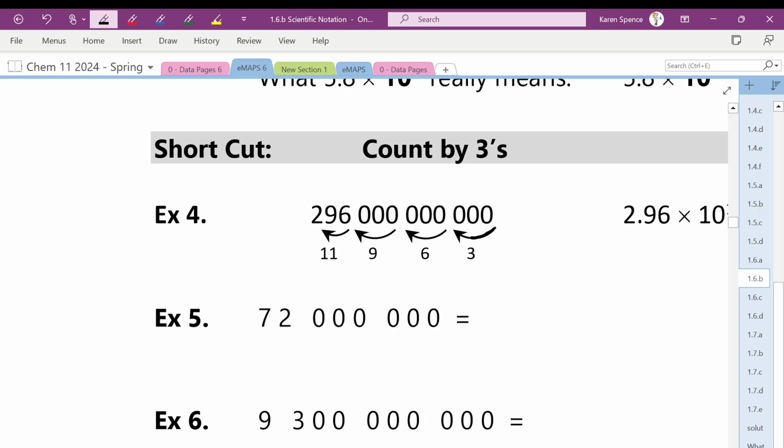So you would go 3, 6, 9, and then 10, 11. So count by 3s and then count any extra. So this would be 2.96 times 10 to the, it's a big number, so it's positive. We move the decimal place 11 spaces, so it's positive 11.